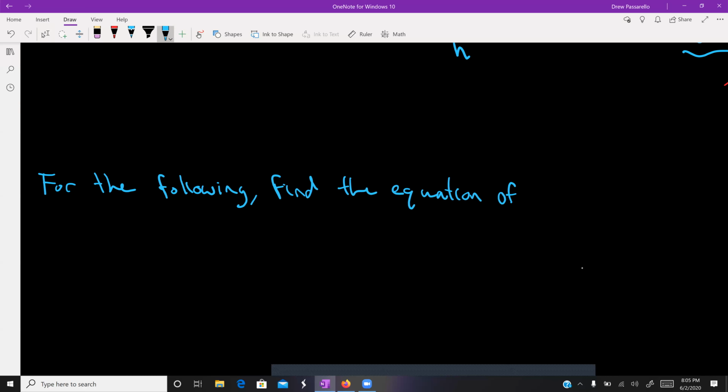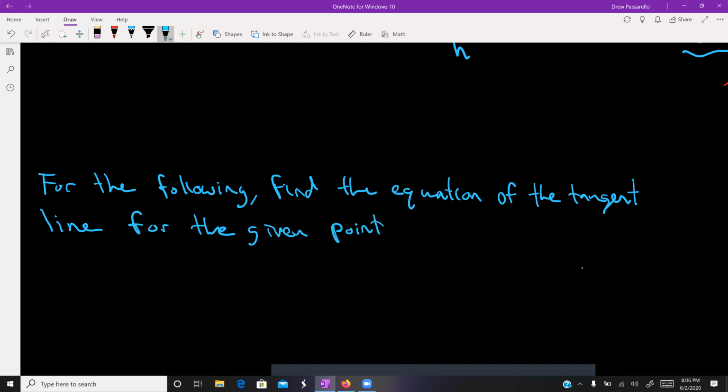So for the following, find the equation of the tangent line itself for the given point and the given function.